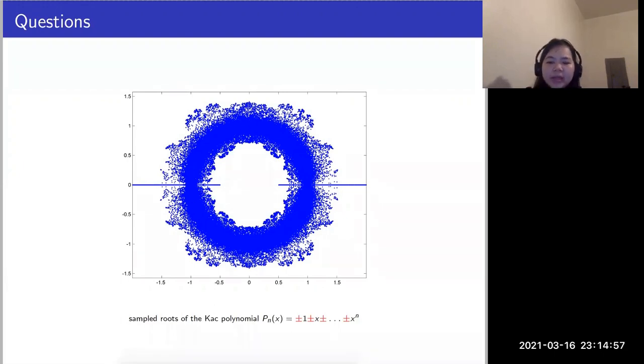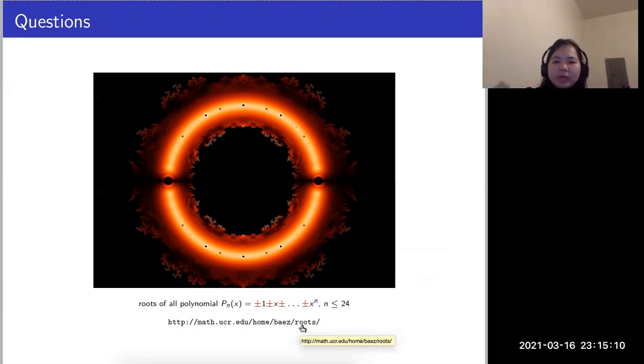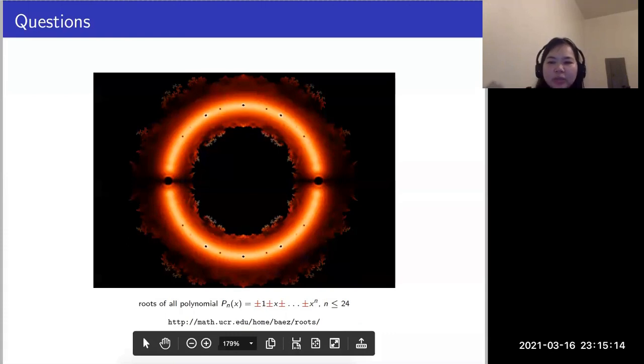Here is an even more stunning picture that I got from the website of Baez. This is actually for deterministic functions, but it offers a similar picture, so I thought showing this would be a better option.